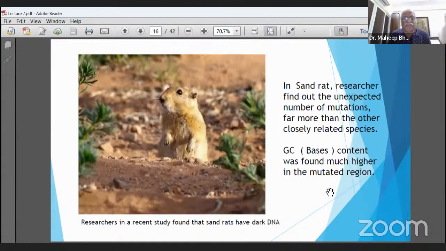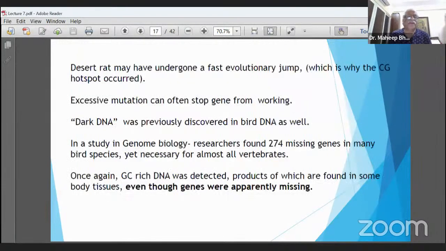This was found for the first time in the case of a sand rat. This sand rat is also known as the desert rat. It is also said that because of the continuous mutation and due to the excessive GC regions, the desert rat has undergone fast evolutionary changes.